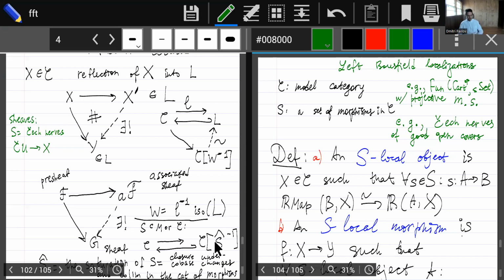So you want the localization functor to be a left adjoint functor, and you want its adjoint to be a fully faithful functor, which will be precisely the analog of this situation here with reflective localizations.